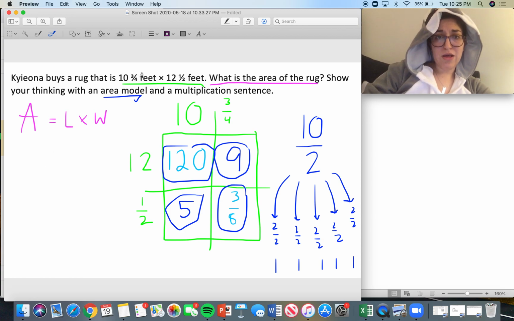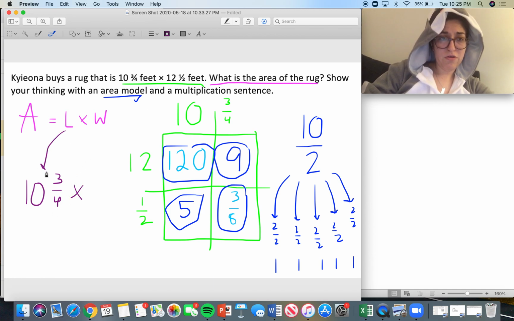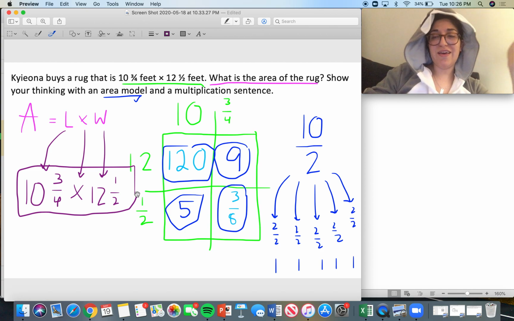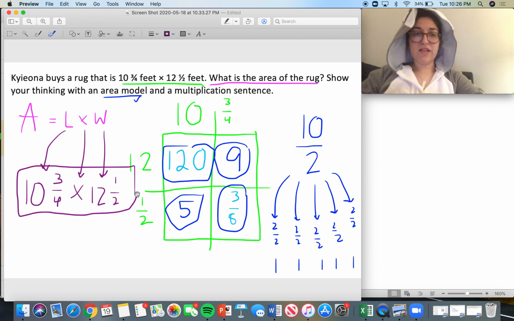If the length is 10 3/4, times the width, which is 12 1/2. There's a multiplication sentence. Easy as a sloth. That's not actually a saying, but we're going to make it one in this class now, all right?